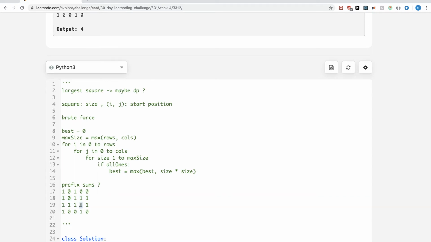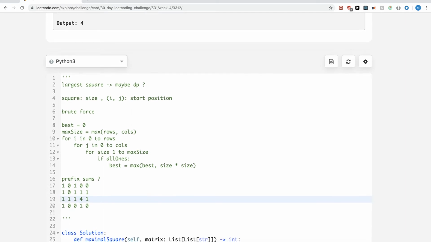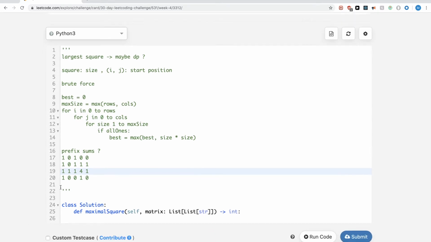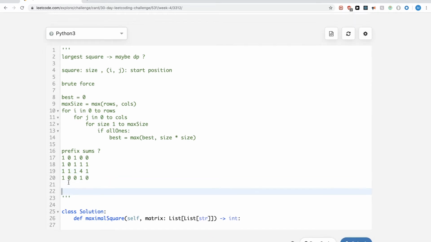So we'd have 4 here. Would that help us in any way? Actually, it won't be 4 because it's the entire thing.